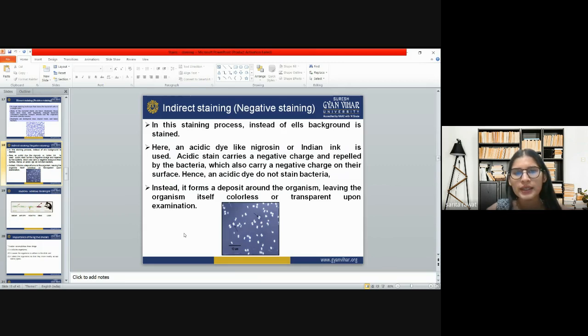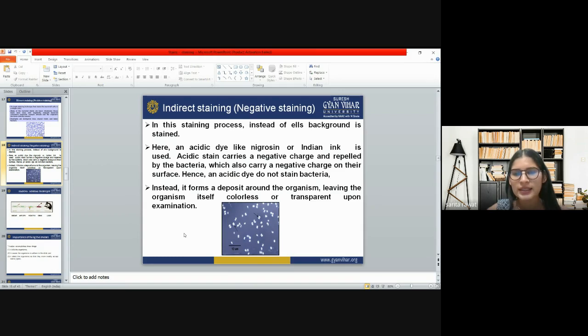Now, negative staining. In this staining process, the cell background is stained instead of the cell, and here an acidic dye like nigrosin or Indian ink is used. Acidic stain carries a negative charge and is repelled by the bacteria, which also carry a negative charge on their surface.